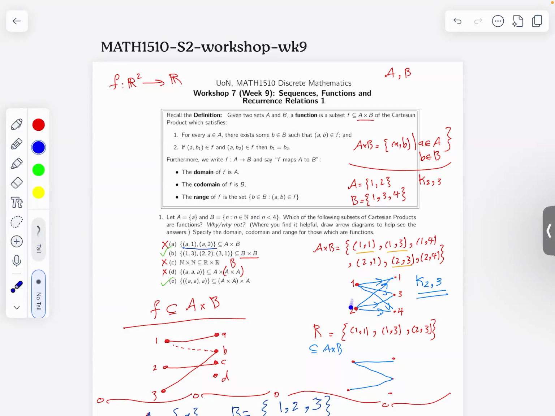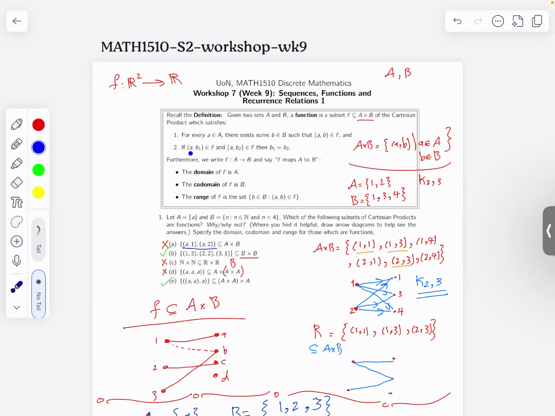First of all, the members of the first set should be involved, so arrows should go out from 1 and 2, the members of A. Also, another important condition: for each first component, the second component should be unique.